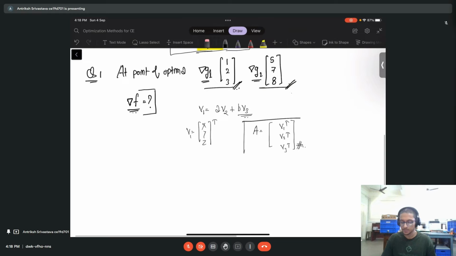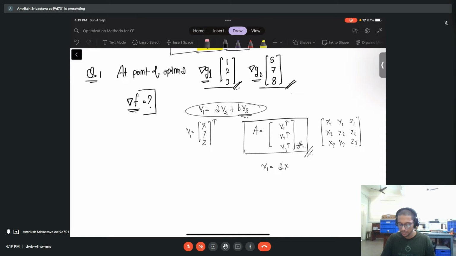So, two or three concepts are getting into this thing. What do you think will be the determinant of this matrix, which has x1, y1, z1, x2, y2, z2, x3, y3, z3, where you can actually write x1 as a function of x2, x3, y1 as a function of y2, y3, and so on for z1?